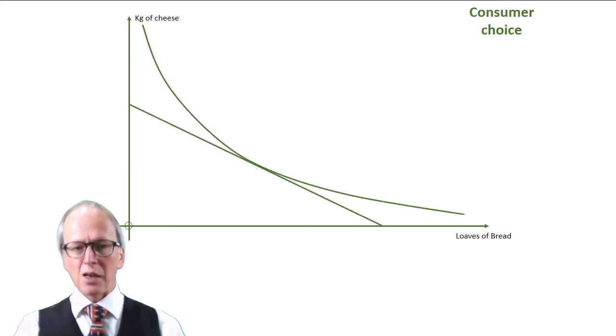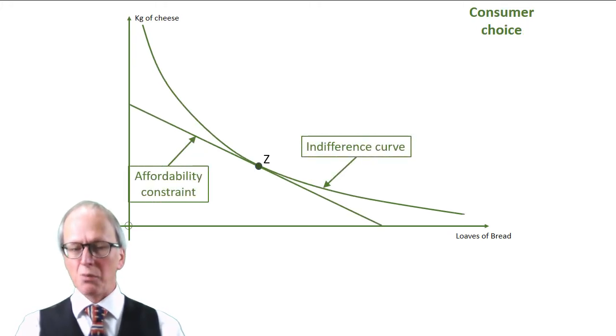Now we can think about why bundle Z is the most preferred affordable consumption bundle. Consumption bundle Z lies on the affordability constraint and on the indifference curve through Z. Affordable bundles lie below the constraint line, but the bundles preferred to Z lie above the curve.